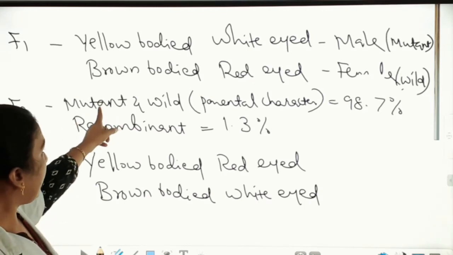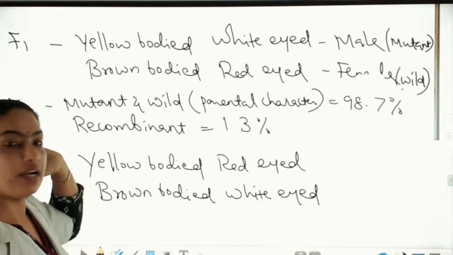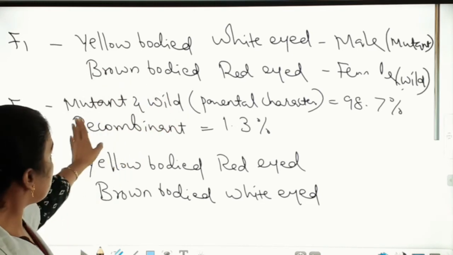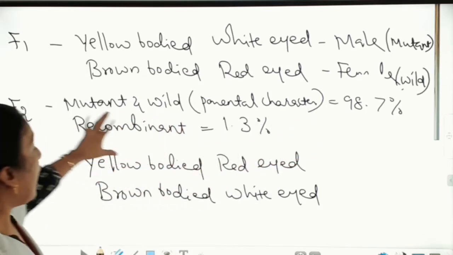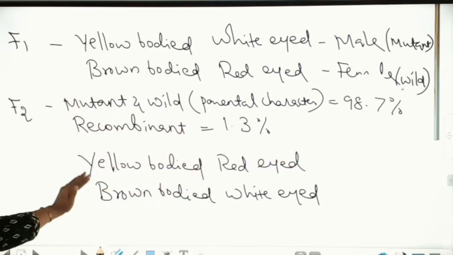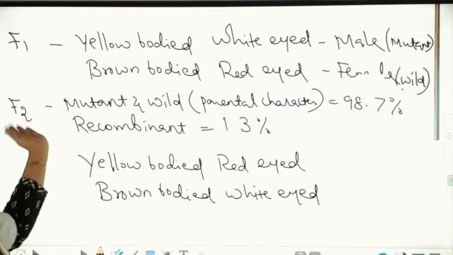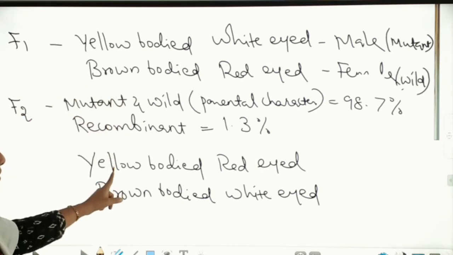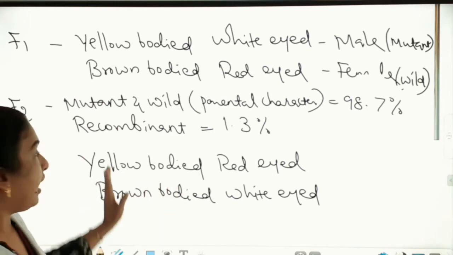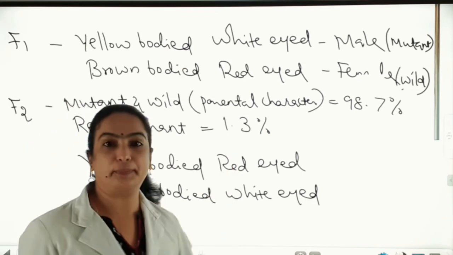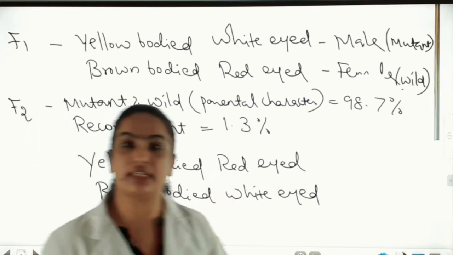The parental characters are yellow body, white-eyed and brown body, red-eyed. And that was shown by the F2 generation in 98.7%. And along with the parental character, the flies show a recombination, a combination of both the parental characters such as yellow body, red-eyed and brown body, white-eyed. And that is only 1.3%. Is it clear? So this is the result of cross A.